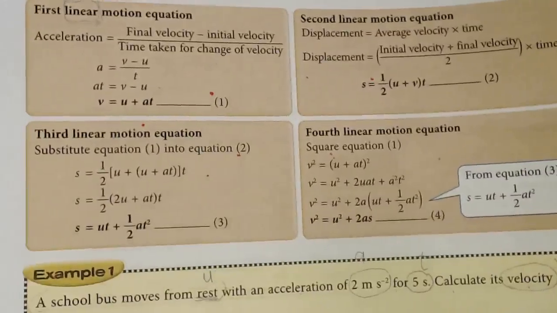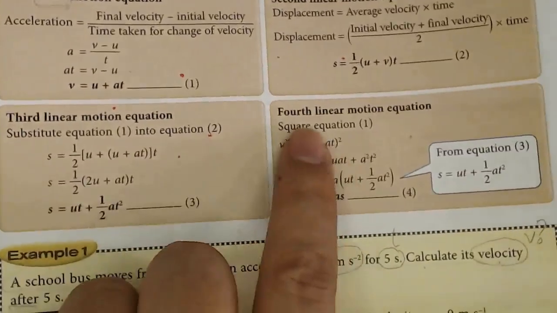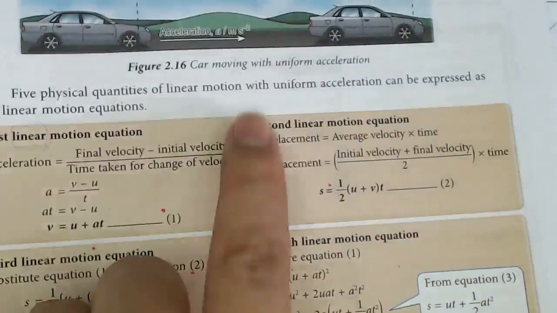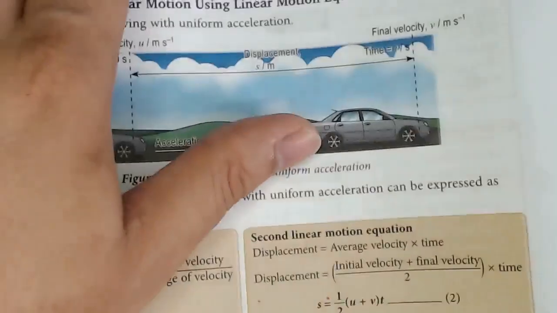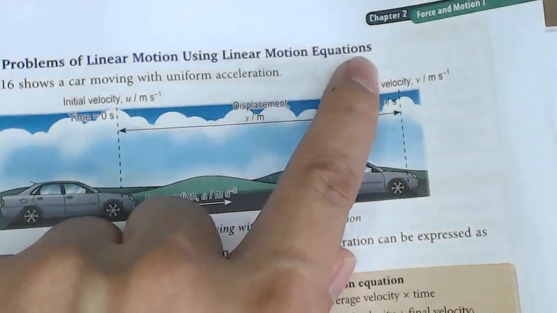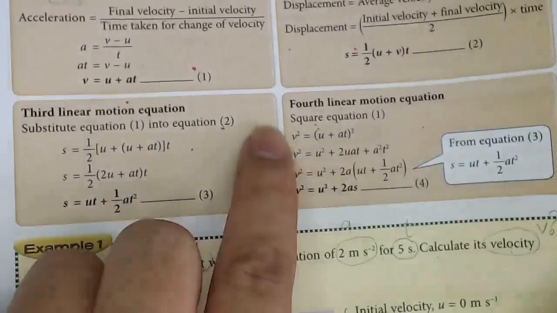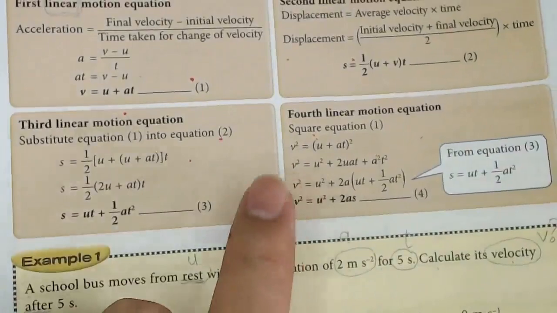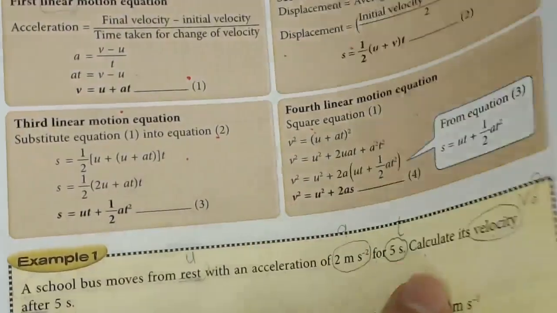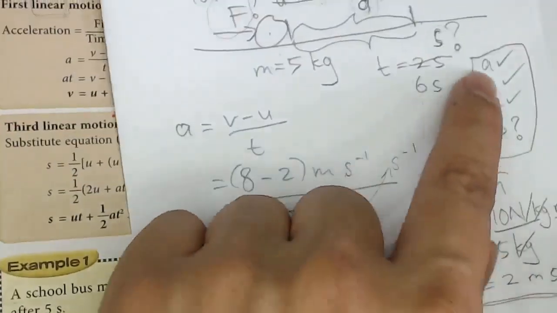Remember this one? Do you miss this? This formula we call the linear motion equations. Now back to use this. This is why we learn this in the first place. Okay. Now again, we have A.